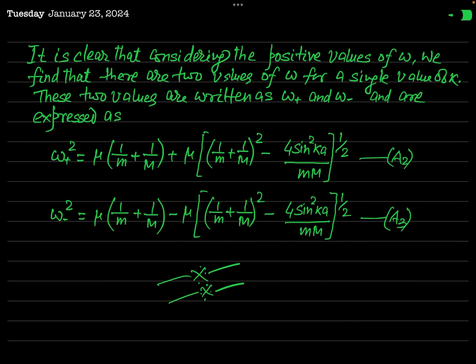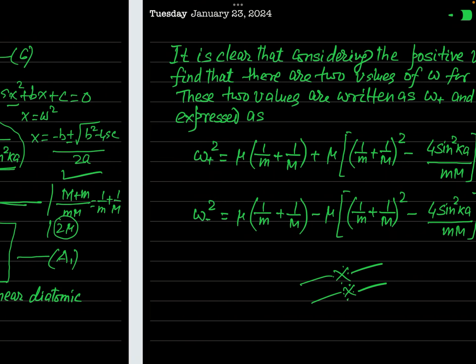When we considered the vibration of the monatomic linear lattice, you saw that if we consider only the positive value of omega, there is only one value of omega for each single value of k. But here you can see that in case of the diatomic lattice, omega has not only one value, but two values.